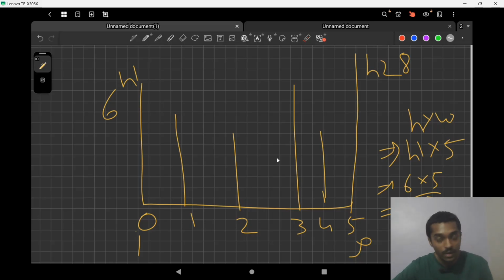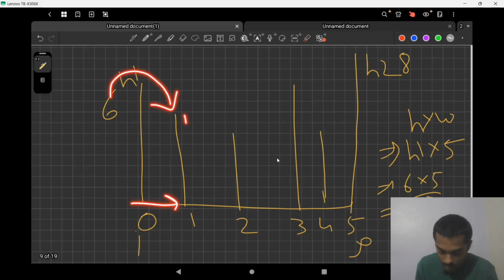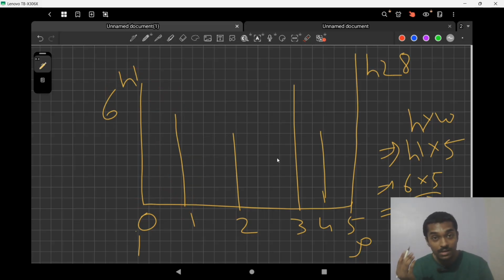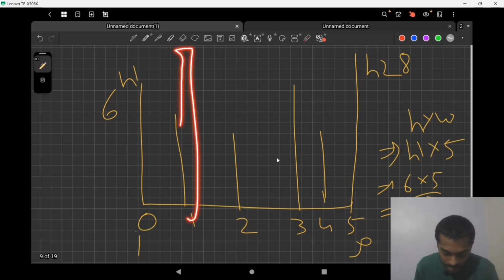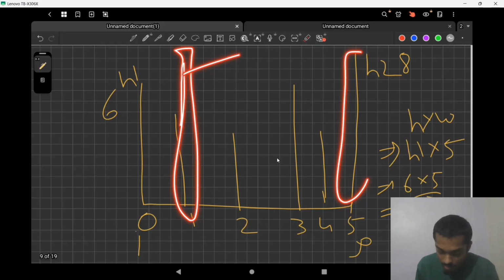Because if we move our h1 pointer to the next, it might happen that this height can be big and the area can be maximum.